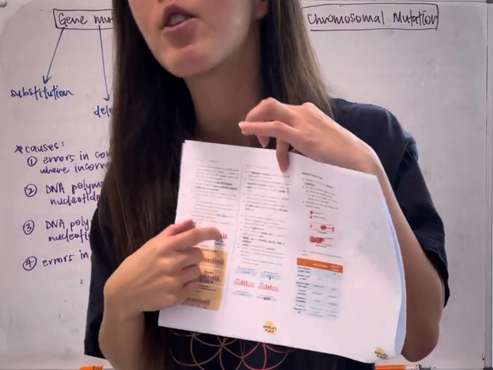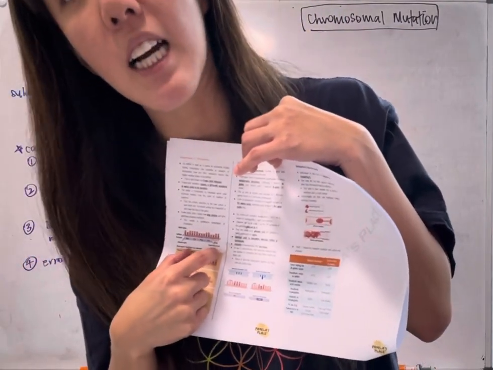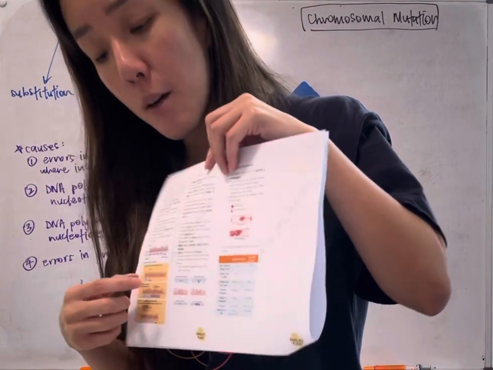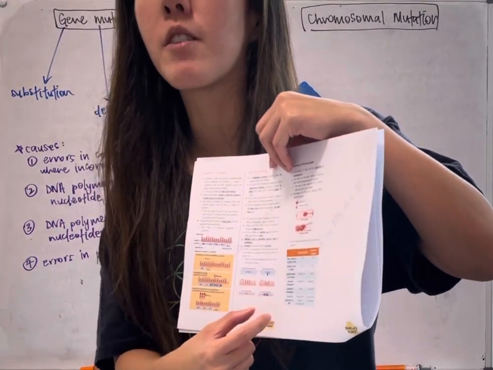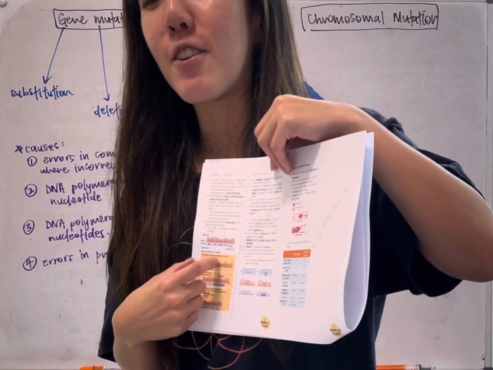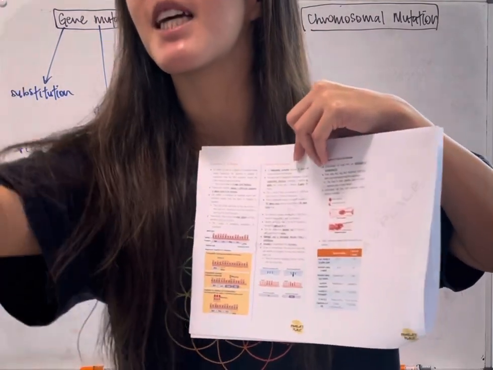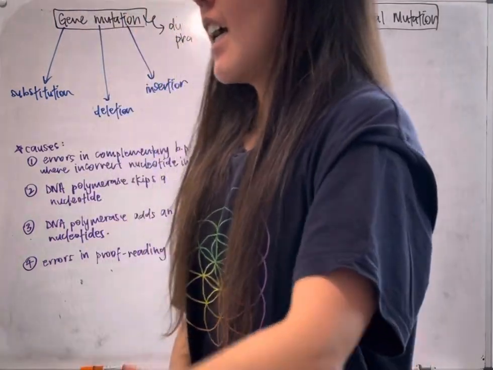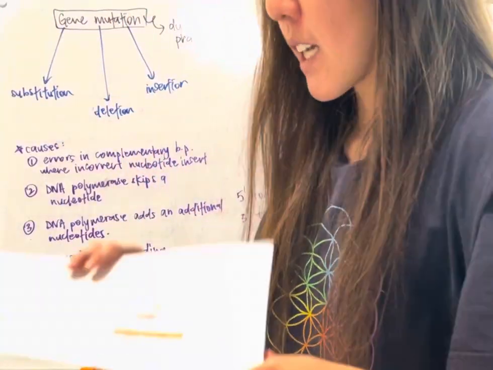Because when you have a frameshift mutation, what happens? Any idea? Cheryl, what happens to all the nucleotides downstream when you have the frameshift mutation? I also know they change, but what is the way you describe the nucleotides downstream? Keyword: improperly grouped. Never mind, write down. Please take note.